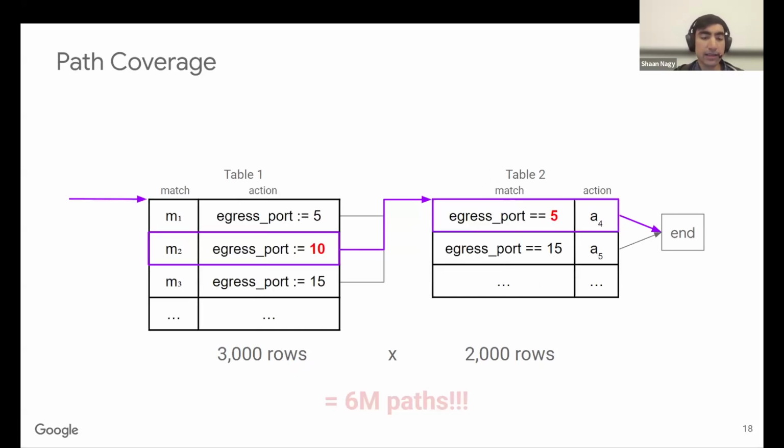So for example, here, along this path, the action in table 1 sets egress port equal to 10, and the match in table 2 checks egress port against the value 5. And clearly, no packet will take this path. So this is not a path for which we need to generate a test packet. So even though there are 6 million total paths in the graph, the number of valid paths, and thus the number of test packets that we need to generate, is actually far, far fewer than 6 million.